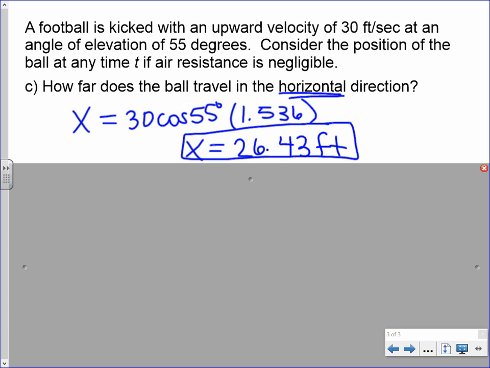Okay, so if you want to know how far it goes, you have to figure out when it's going to hit the ground first. Okay, so these parametric equations go hand in hand, all right?